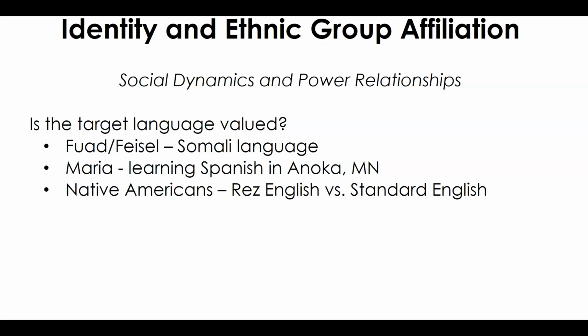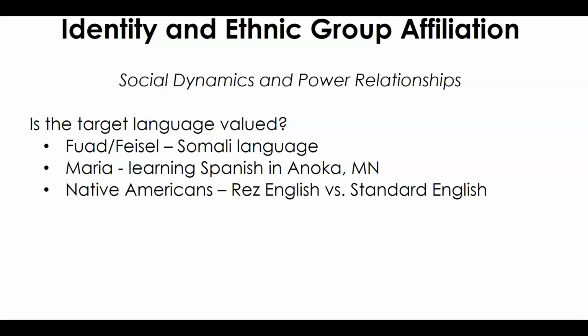This reminds me of reading Michelle Obama's autobiography called Becoming, and she would talk about how she sounded too white for her cousins. She would visit them and they would ask her, "Why do you sound like a white person?" Her language was used differently, and that created a social dynamic and a power relationship.